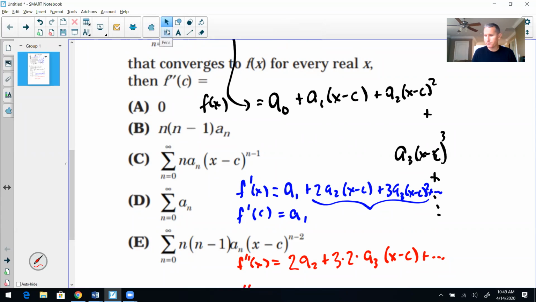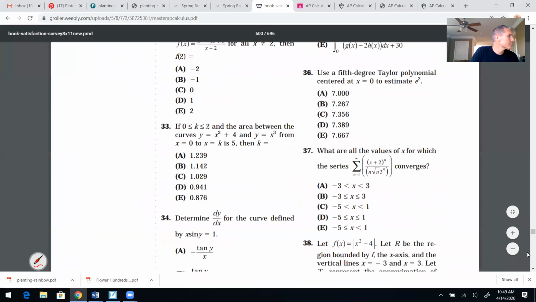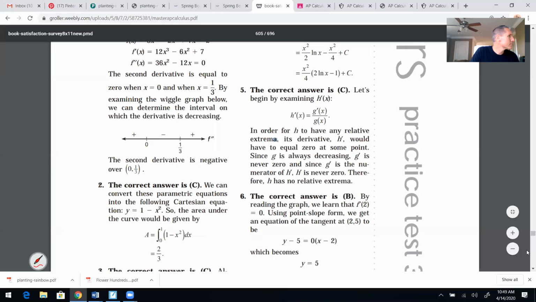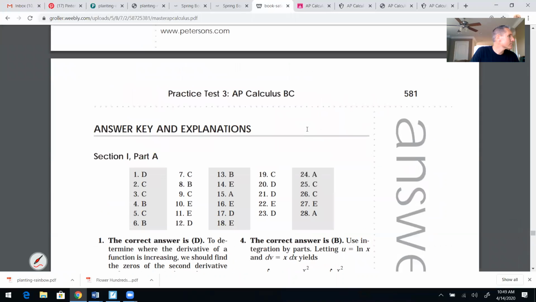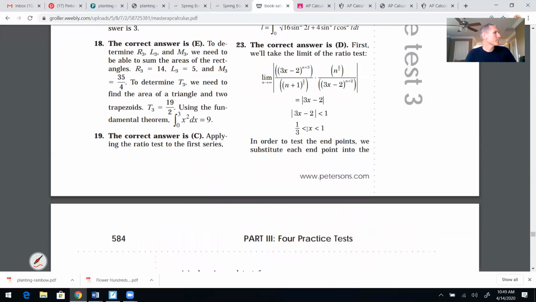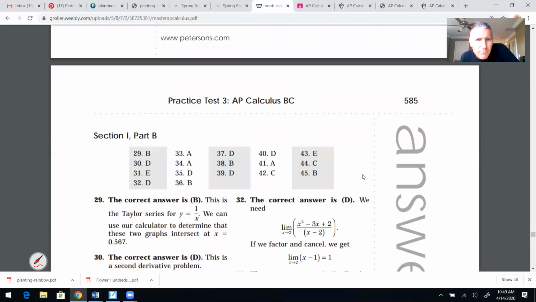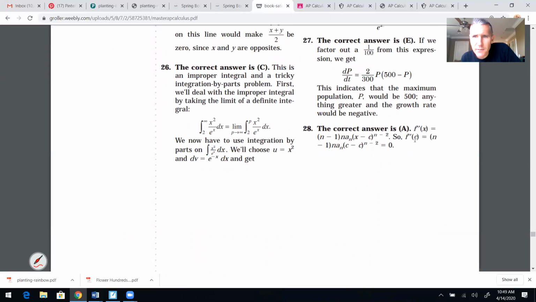Let's see what they have. Number 28. It says f double prime of x is equal to n minus 1 times n times a sub n times x minus c to the n minus 2 is equal to 0.